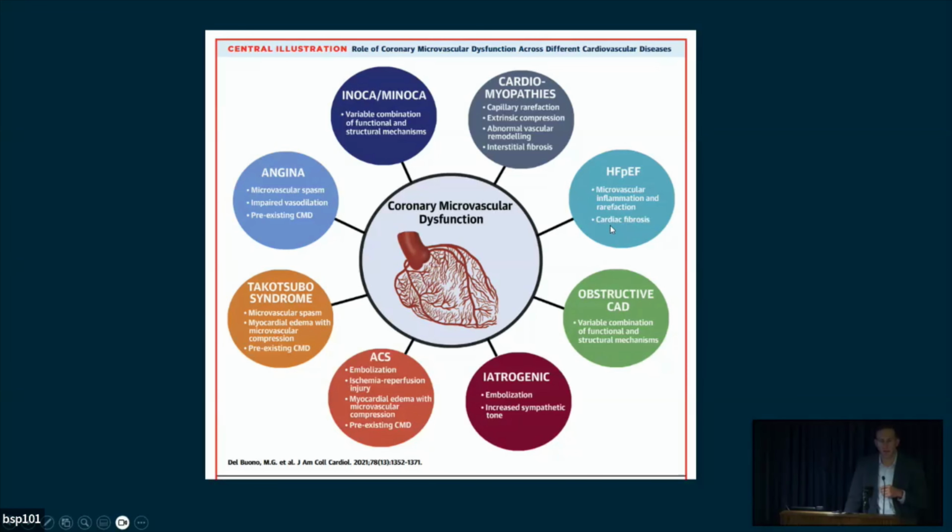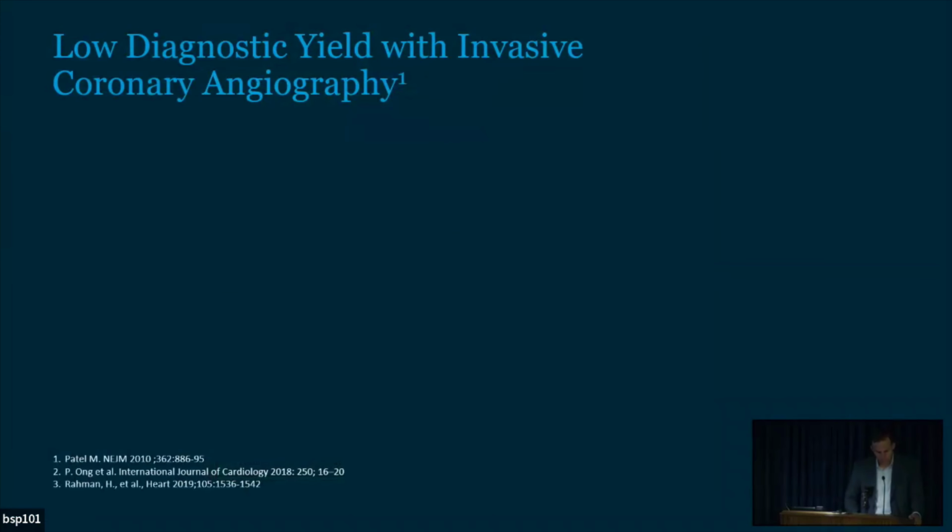Patients with diastolic heart failure, just inherently or due to an infiltrated cardiomyopathy, might be due to coronary microvascular dysfunction as well. So not only are we able to give a diagnosis to a patient and evaluate this in the cath lab, it might also lead to other diagnoses that the patient might be suffering from.